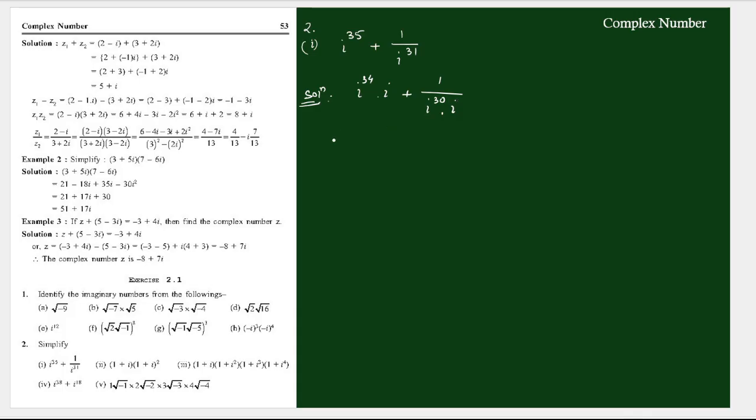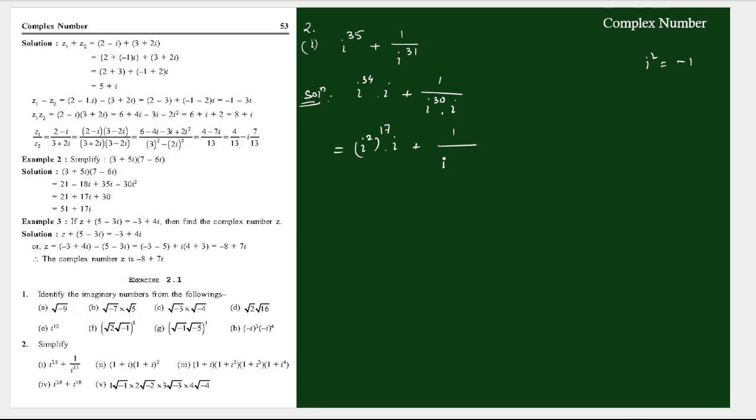Now it is better that we do it in i squared. The i squared is nothing but what? -1. So this one we can make as (i squared) to the power 17 into i, right?